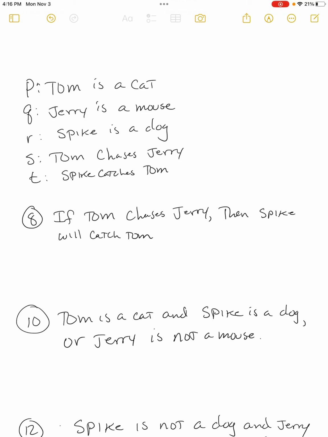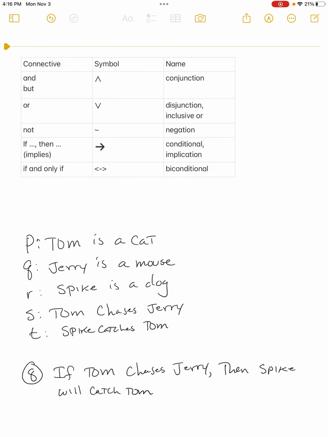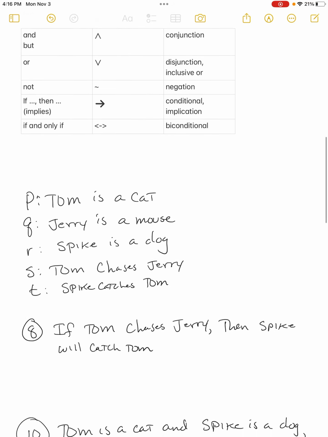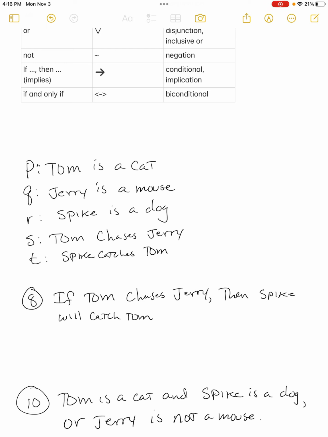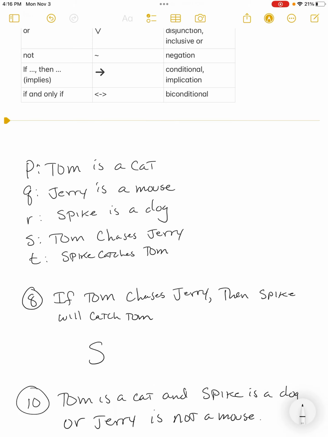So take a look at number 8. If Tom chases Jerry, then Spike will catch Tom. Okay, so if I go back up and look for the if then, I see it's an arrow. So if Tom chases Jerry, let's find out where Tom chases Jerry. That's S. If Tom chases Jerry, then Spike will catch Tom.